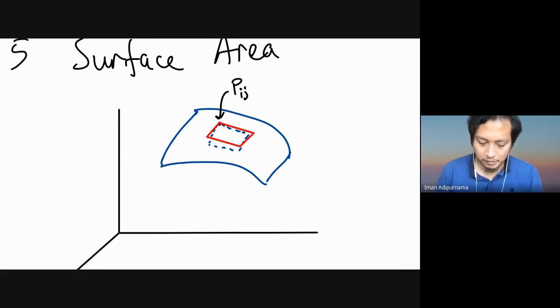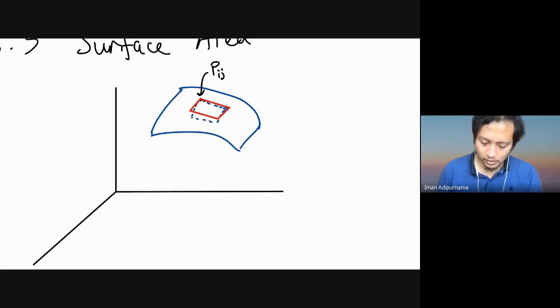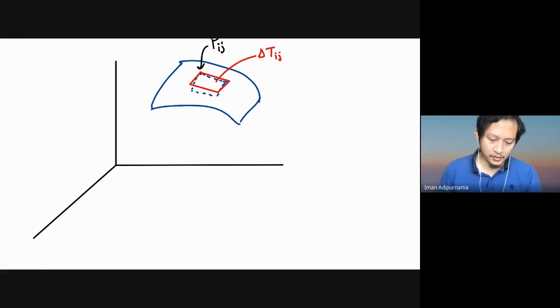Imagine there is a gap there. Because it's very small, let's name this plane as the delta S. And then let's map all this surface into the xy plane.